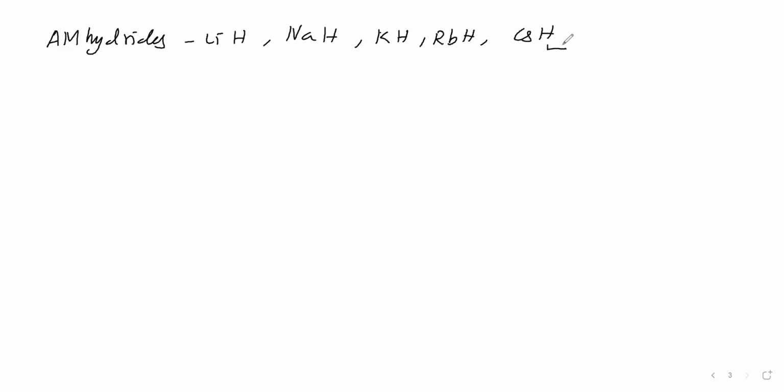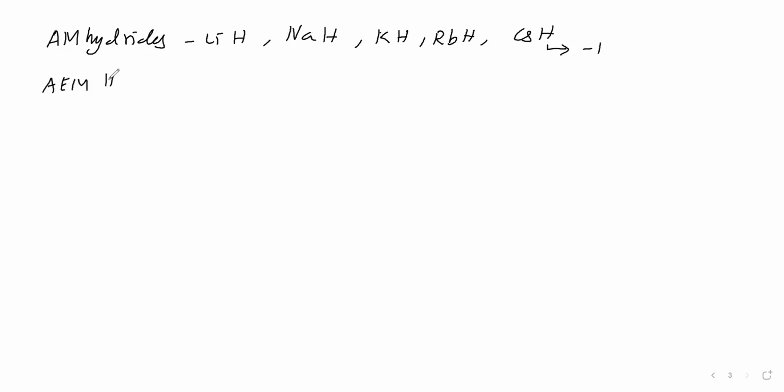Alkali metal hydrides: LiH, NaH, KH, RbH, CsH. Here the hydrogen oxidation number is -1. In the alkali metal hydrides, hydrogen oxidation number is -1 in these compounds.